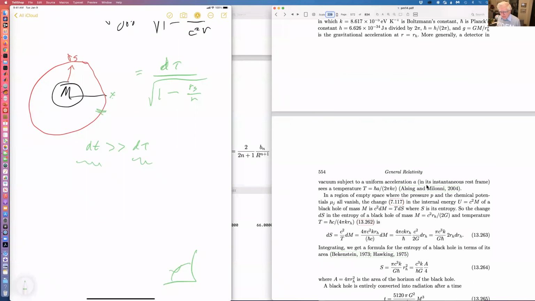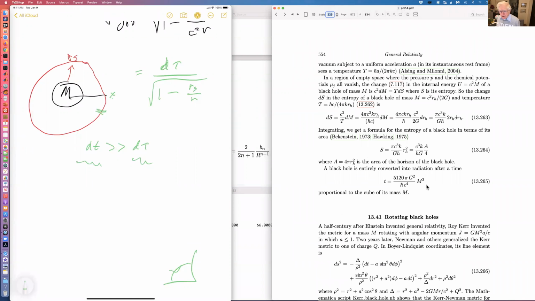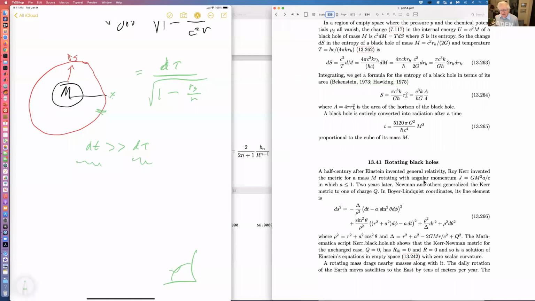In fact, that radiation is such that a black hole of mass m is converted to radiation in a lifetime proportional to the cube of the mass. So if you have a small black hole, it does not last very long. And this is a very strange formula, you see, because you've got Newton's constant, and then you've got h bar, as well as c, and then mass cubed.